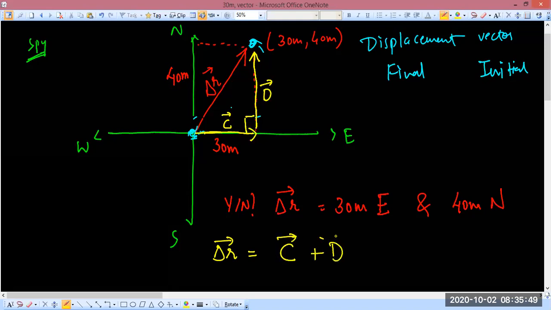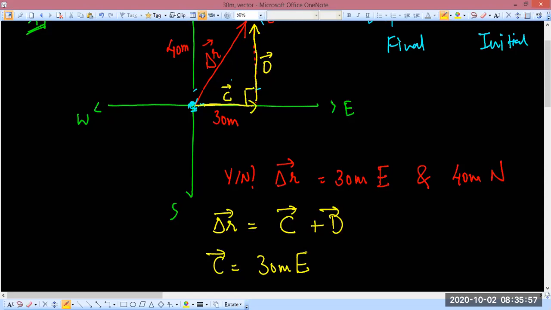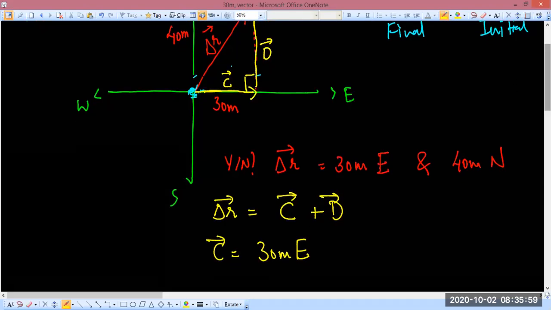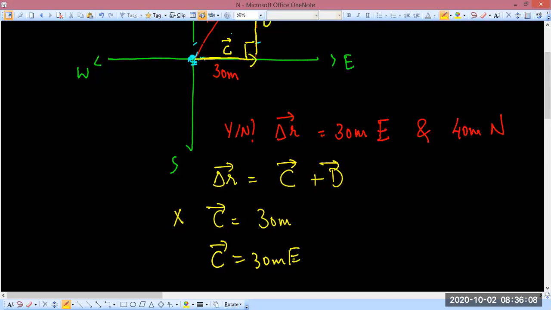I can also write it in this form, where C vector is a vector which is 30 meter in the east direction. People, be careful. Yesterday I taught you that this is wrong. This is wrong, but this is correct. What's the difference between these two?